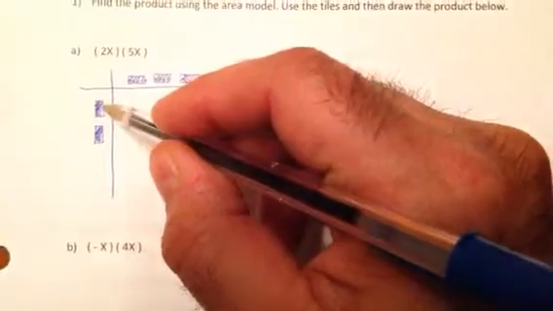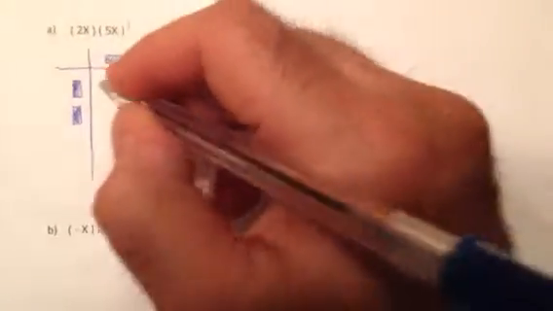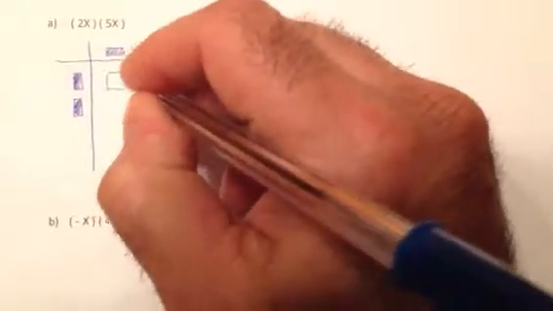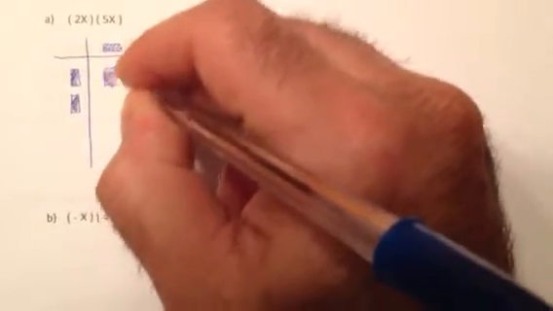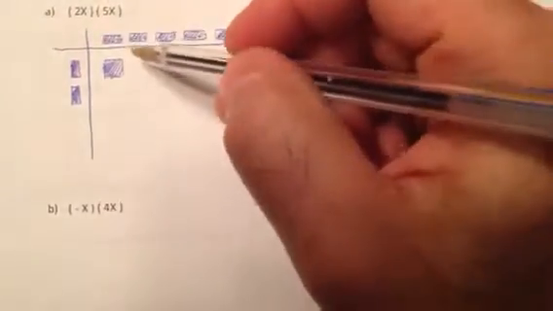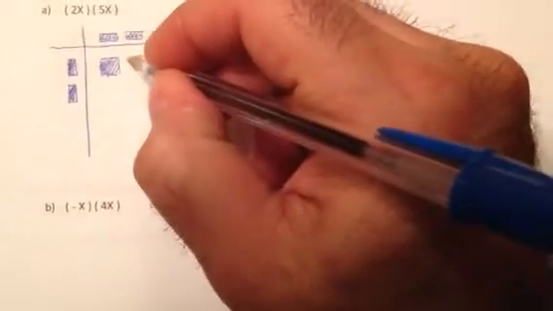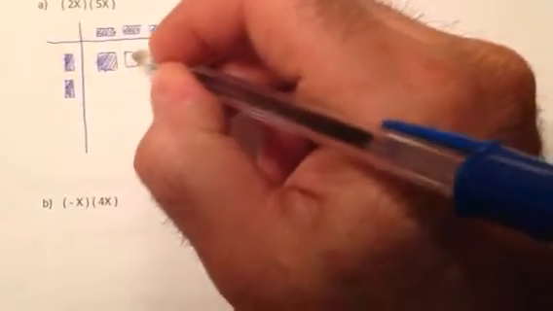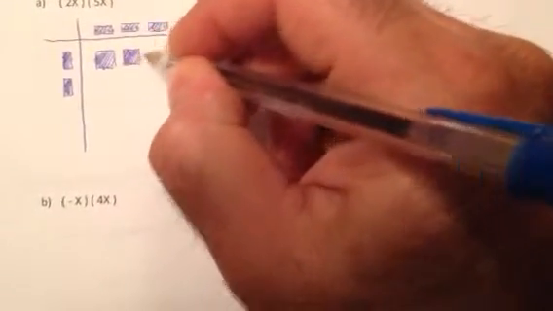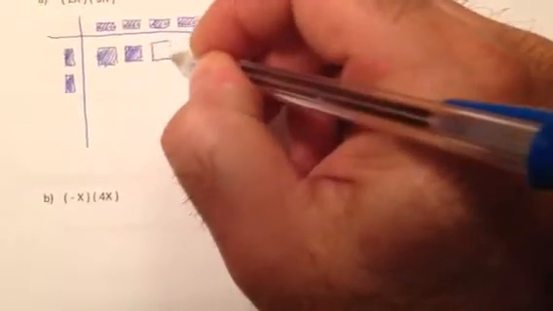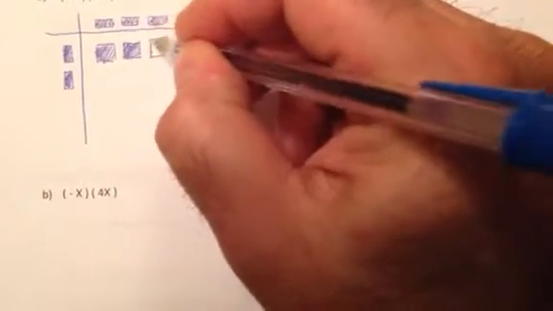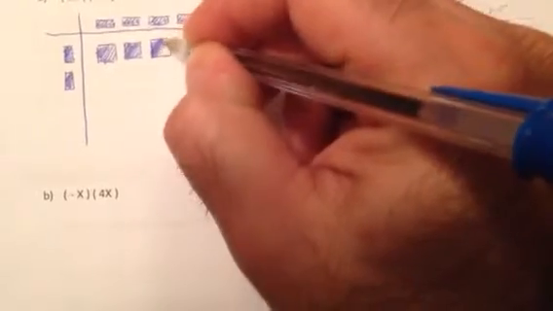Now, to find this answer, we have to fill the TP. A positive x by a positive x, when we multiply them, gives us a positive x squared right here. And a positive x times a positive x gives us a positive x squared here. So we're filling the space with, when we multiply length by width, what is the resulting shape?